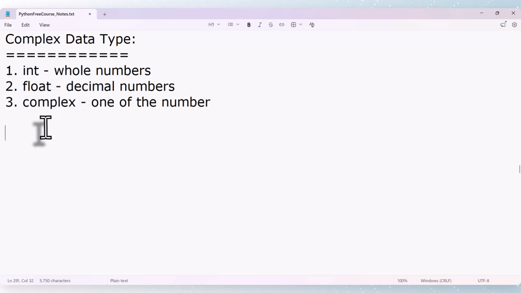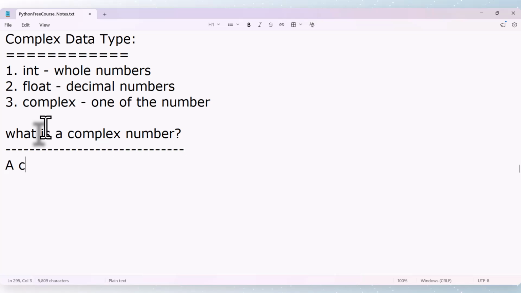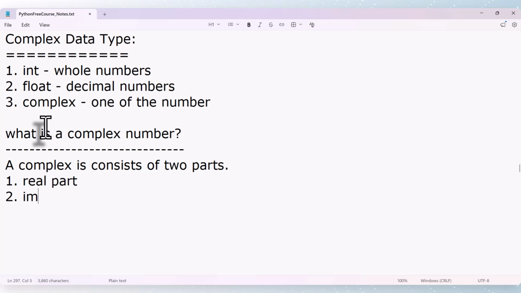Now let us go to the definition. What is a complex number? A complex number consists of two parts: one is the real part, and the second is the imaginary part. If you take an example, the form is a plus bj.